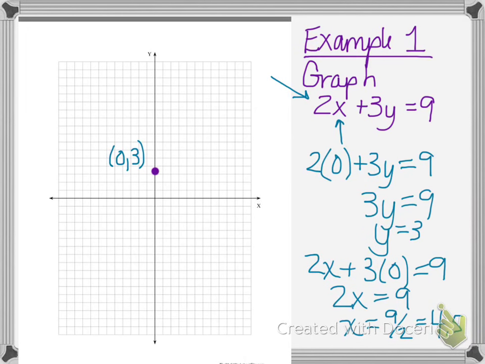All right, so we can graph that point right there at 4.5, and draw the line through those 2 points. Something like that. And we can label the intercepts. So this point would be (4.5, 0).